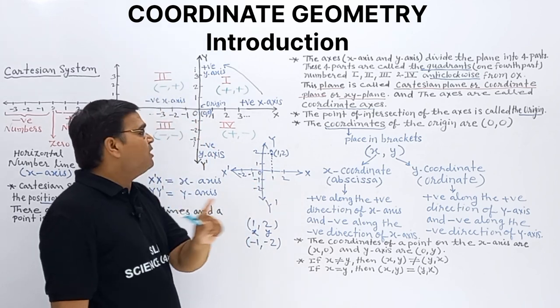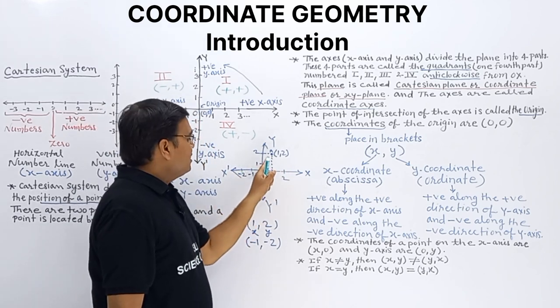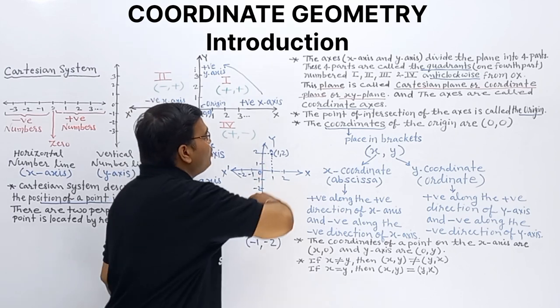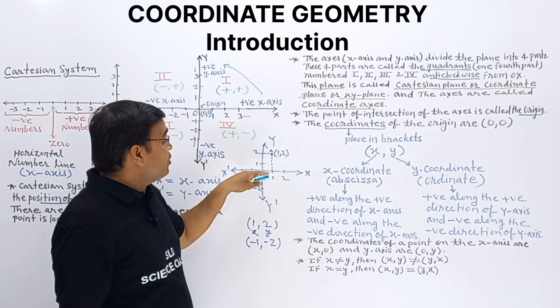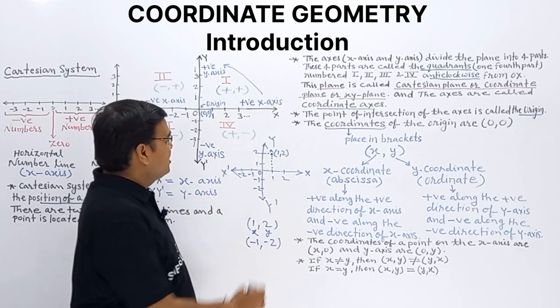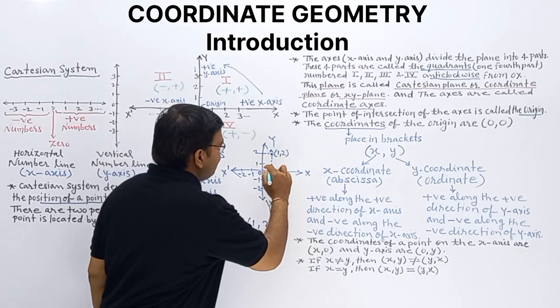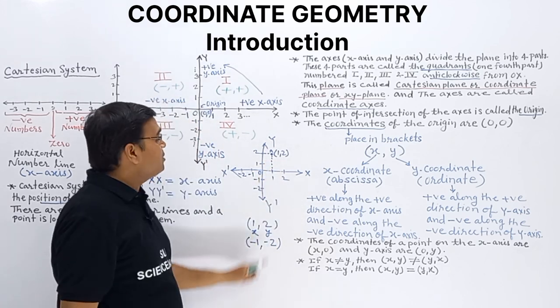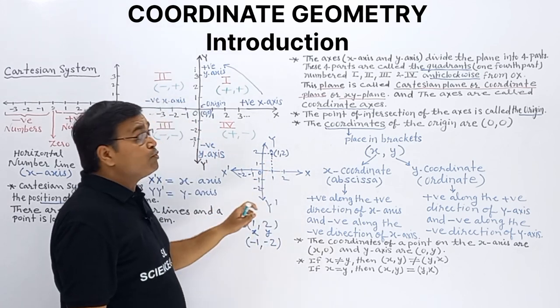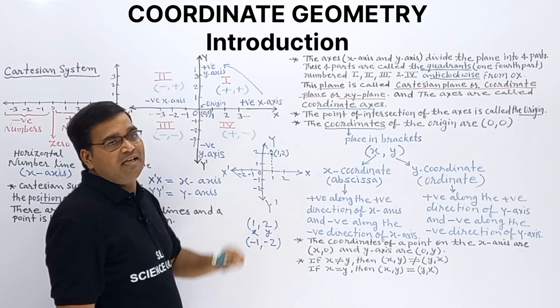This is the position. The distance between this one and this one is 2 units, and the length between this one and this one is 1 unit. This way we can say A is there.